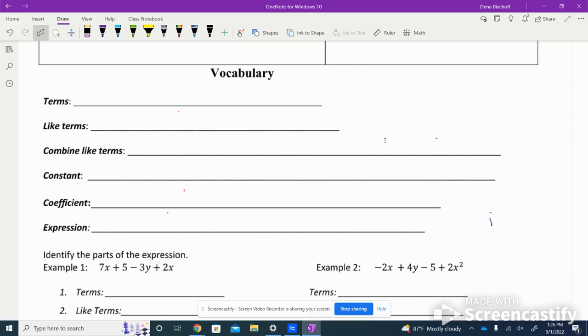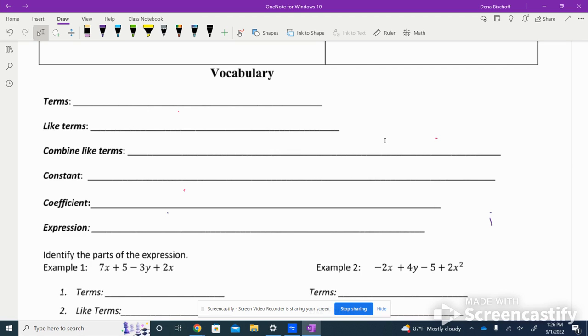When I talk about like terms, have the same, what did we say? Like terms have the same variable and the same exponent. They have to have the same. Okay?